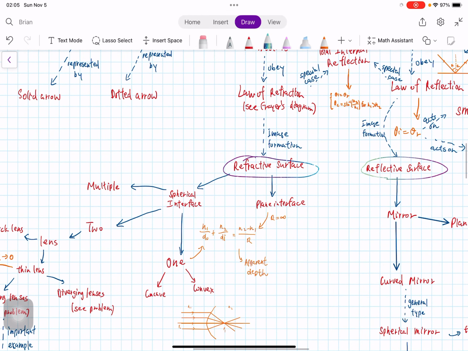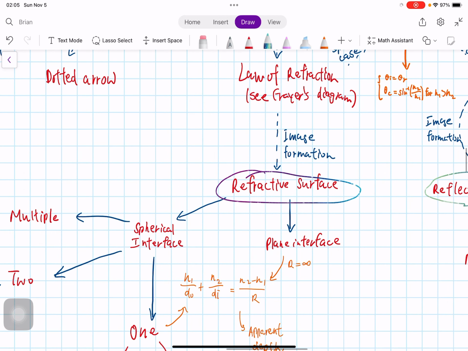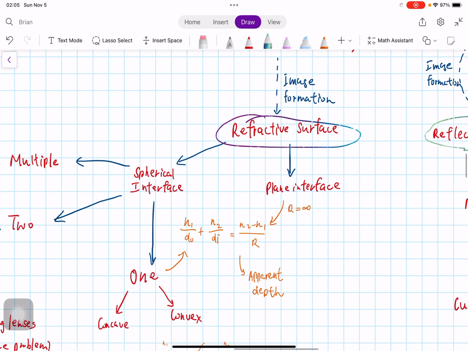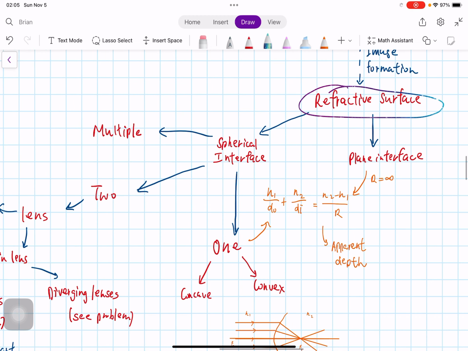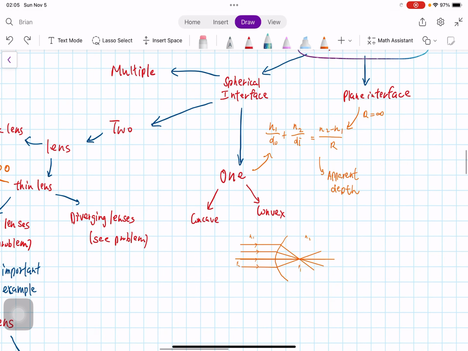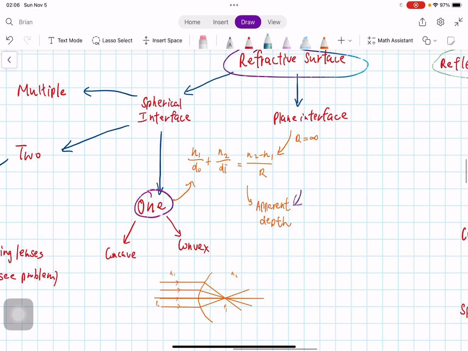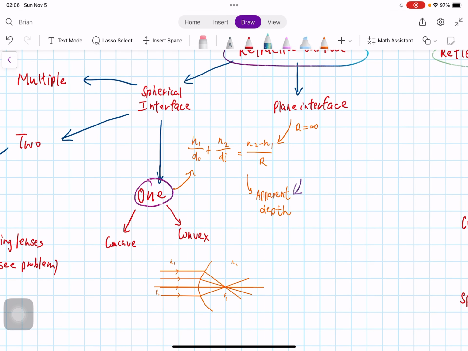So we're finished with reflection. We could look at refraction. For image formation, it has the refractive surface, and we have plane interface and spherical interface. The plane interface is a bit simpler. For plane interface, we're basically looking at apparent depth. For spherical interface, where we have only one spherical interface, we have a concave or convex spherical interface.